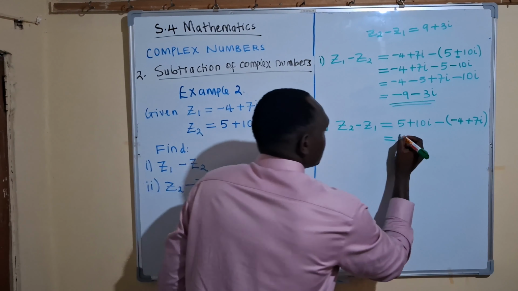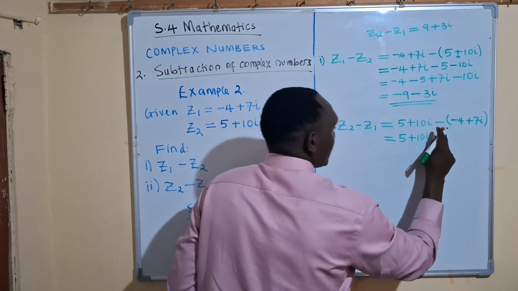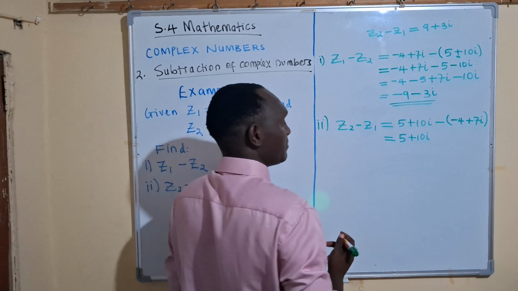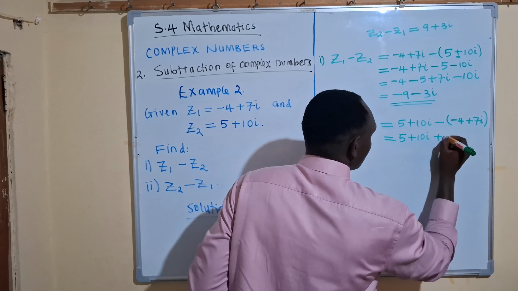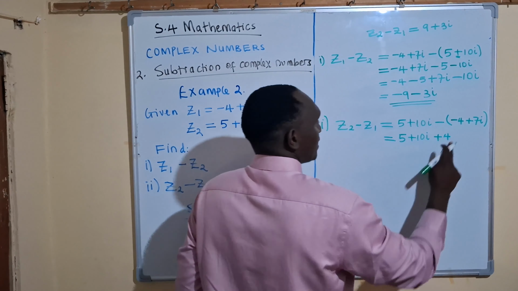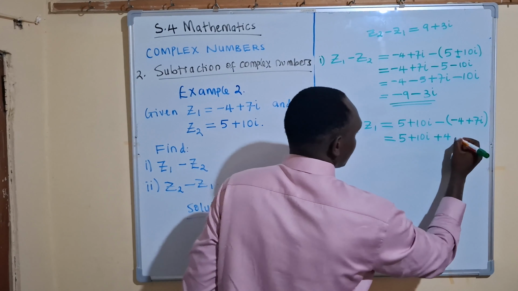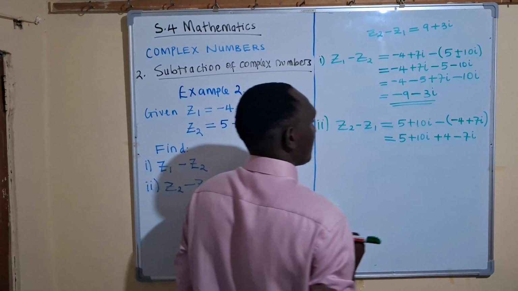Let me maintain this part for now, 5 plus 10i. Now, this negative and negative are going to give you positive. Negative times negative is positive. So here we shall have plus 4. Then here we have negative times a positive, which is negative. So here we shall have minus 7i.